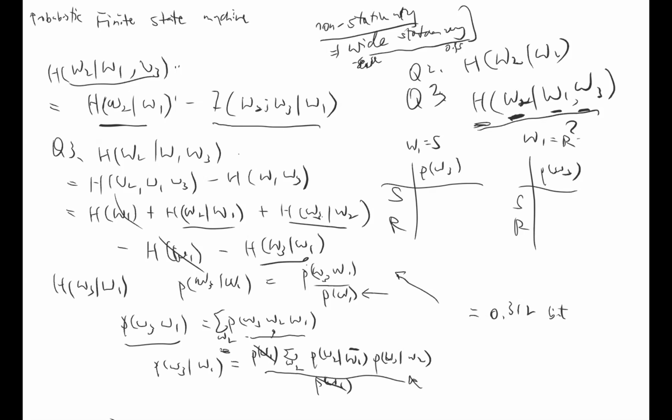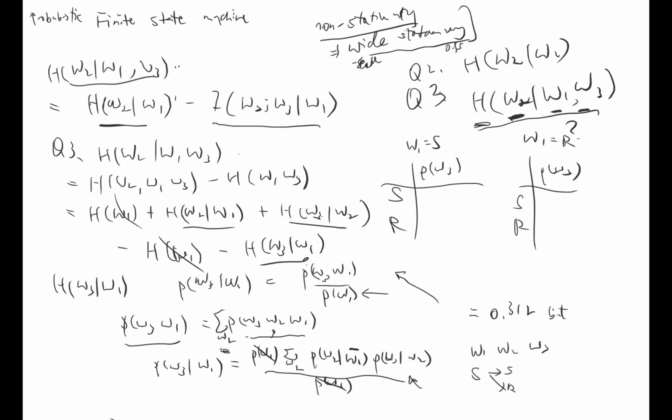Given my today, let's say the first day is sunny. Let's say day 1, day 2, day 3. Given the first day is sunny, the second day can either be sunny again, but it can also go rainy.